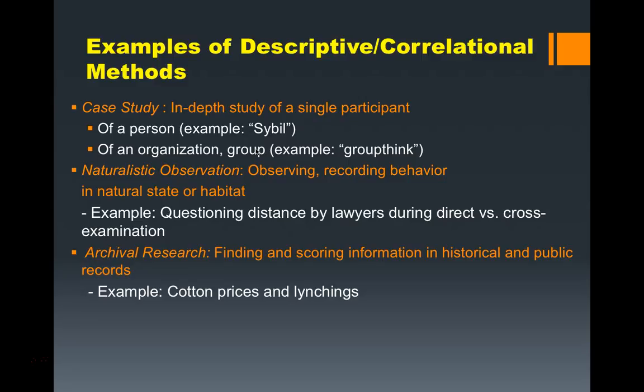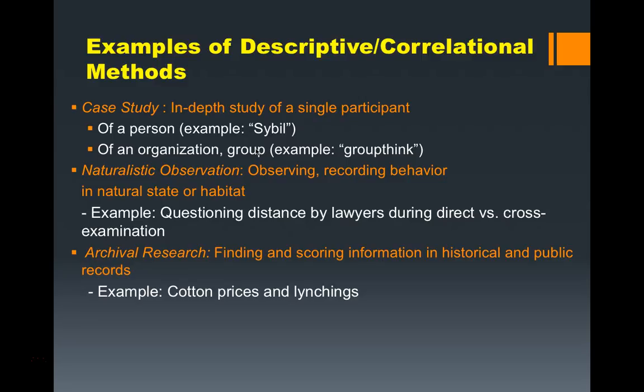To test this hypothesis, the researchers took about 50 or so years of data, from the 1870s to the 1920s.